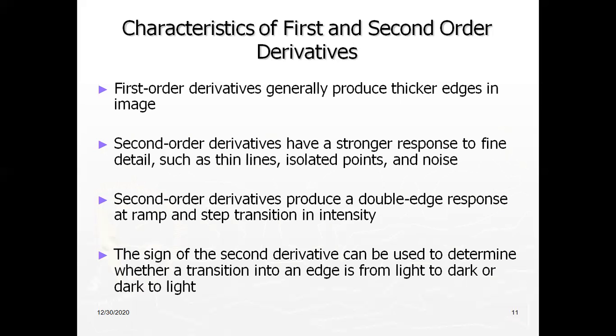So when we apply Laplacian operators, that is the second order derivatives, for edge detection, we can make use of the sign of the result to find out whether the edge is in the region of light to dark or dark to light. So this is all about edge detection. That is, we can segment the edges of the image.